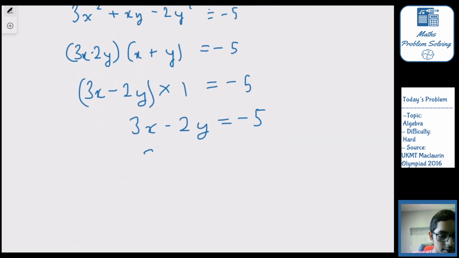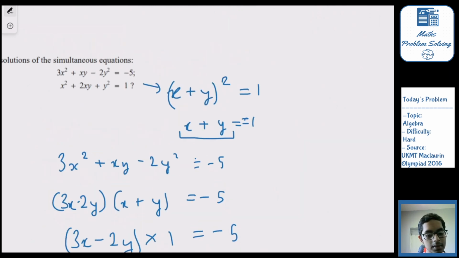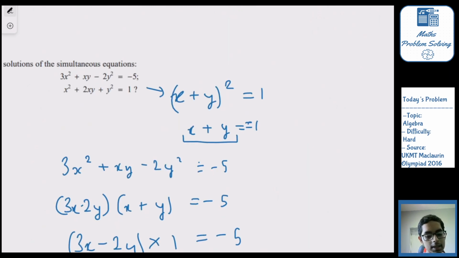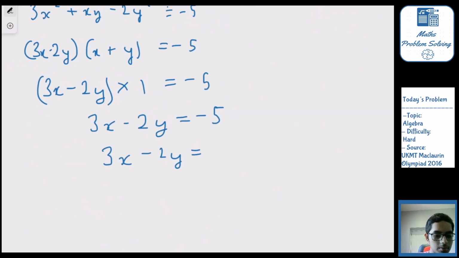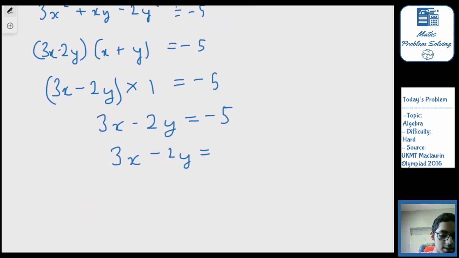And now we can write this like this. 3x minus 2y equals, if we go back to our initial equation, x plus y equals plus 1. That's the case which we're looking at right now. So minus 5 can be written as minus 5 times plus 1, which is x plus y.